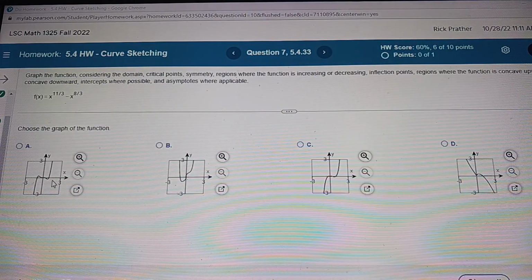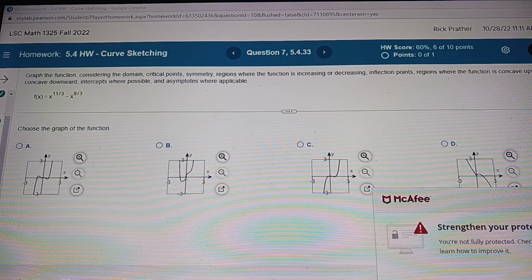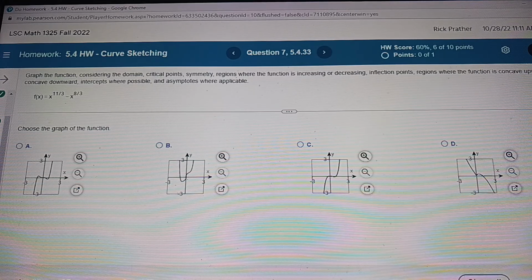Okay, so this one seems a little wavy. We already eliminated graph D. Or no, I guess we didn't eliminate that one, but that one is out. Both D and B are out because these are decreasing first. We're definitely increasing first. So we increase until we get to 0, and that's why A's out, because this increases and then starts decreasing before we get to 0.